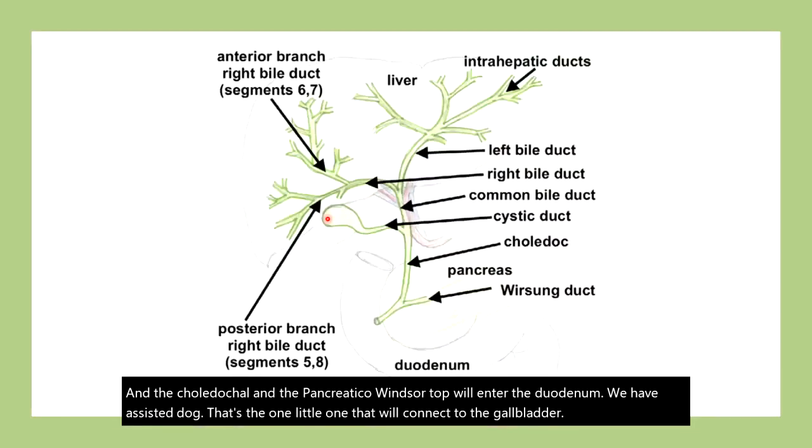Disorders that have to do with intra and extrahepatic bile ducts include primary sclerosing cholangitis, and the one that has to do with the intrahepatic ducts is primary biliary cirrhosis.